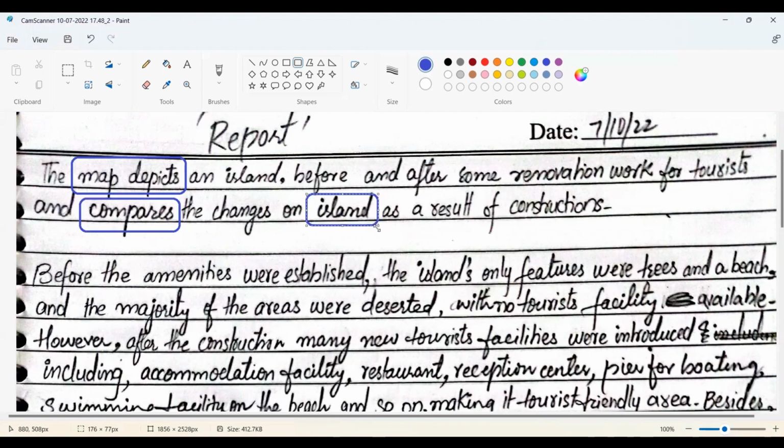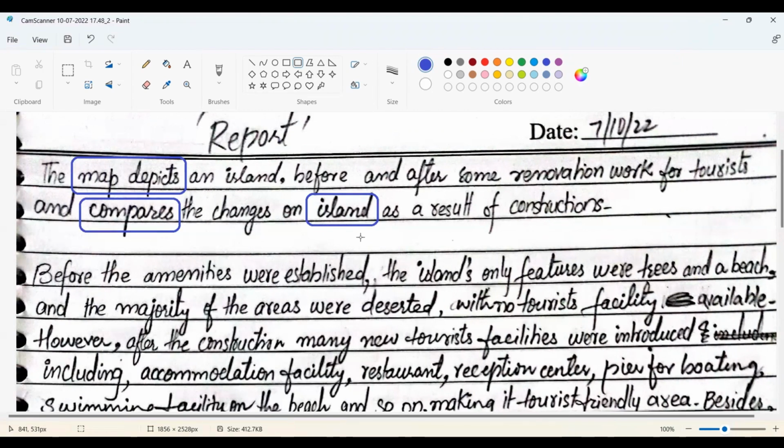Islands. No, island is one. Island is the same. Only the two maps show the changes, but there are not two islands. It's only one. So island is fine, but there is another thing that needs to be done here. We should say the island.